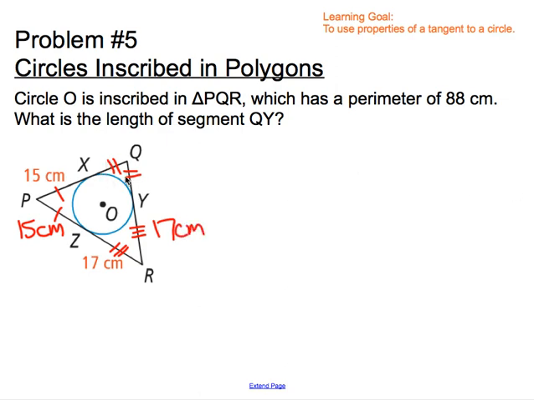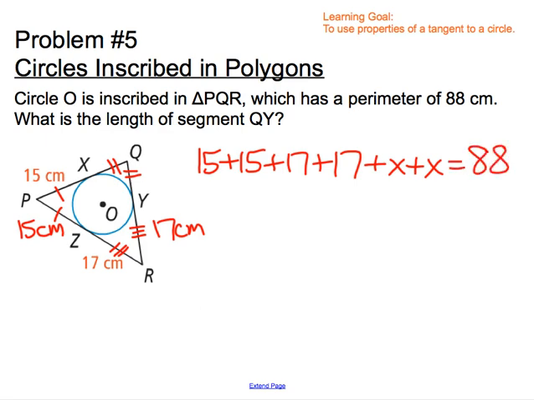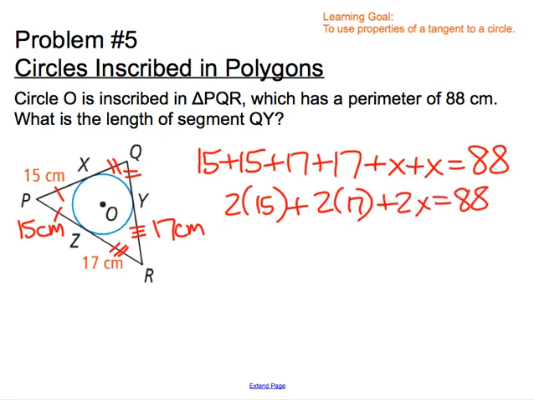Now we don't know the length of those two pieces, but we know there's two of them. So what we can say is 15 plus 15, those two pieces, plus 17 plus 17, plus some unknown value has to equal the perimeter of 88. So here we have 2 times 15 plus 2 times 17 plus 2 times x has to equal 88.